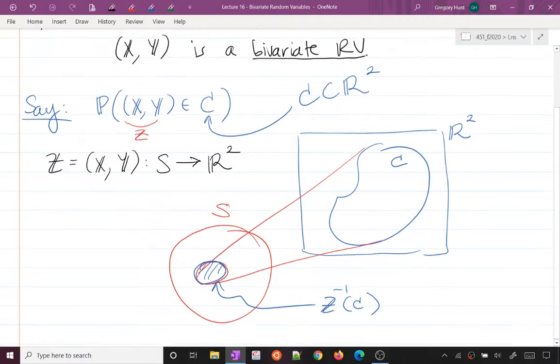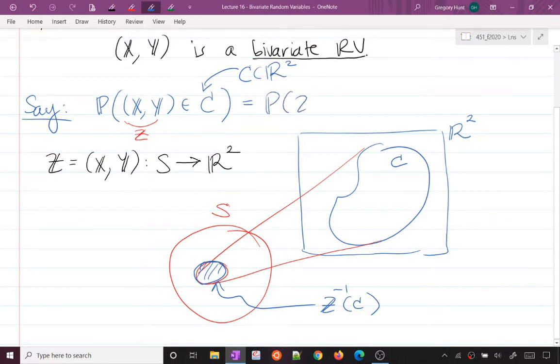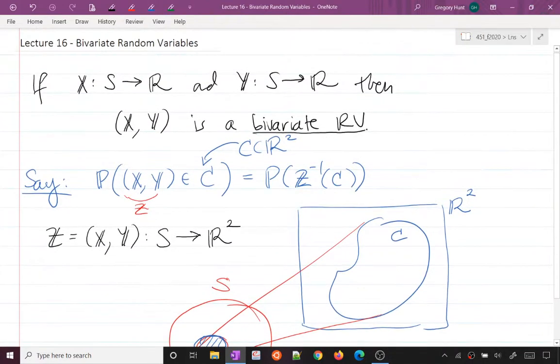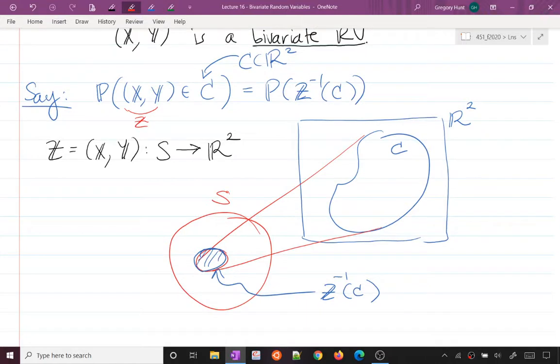So the probability of (X, Y) being in C, where C is some two-dimensional set, or some subset of the real plane, would be the same thing as asking formally about the probability of the inverse image of C under Z. That is the theoretical foundation, where we just map back to our sample space, and that kind of probability, if you think way back to the beginning of class, is the probability of an event, and we know how to deal with that kind of event. So it's all theoretically grounded, and we're basically just dealing with pairs of random variables now.